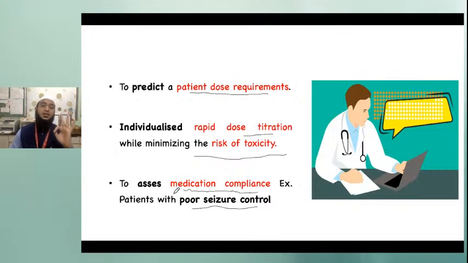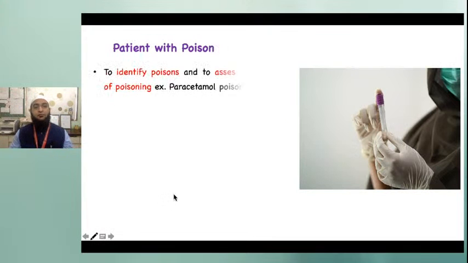So the third indication we have seen is the individualization of the dose, or the individualization of pharmacotherapy in the patient. The fourth indication is when the patient has consumed poison. You are measuring the plasma concentration not just to measure the concentration of the drug, but also to identify which poison is consumed by the patient.